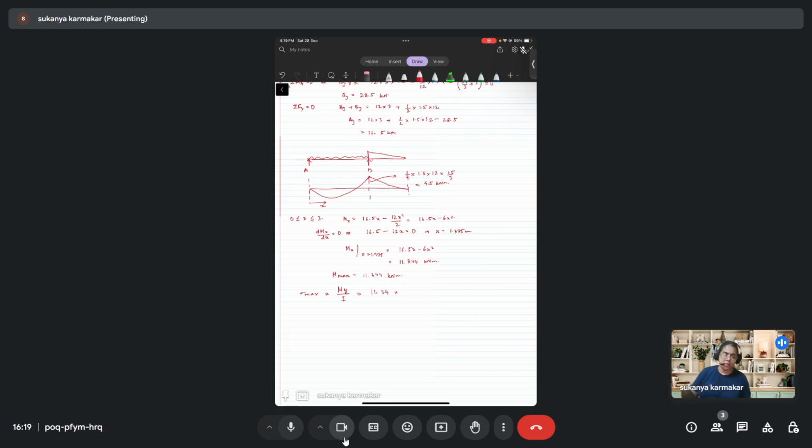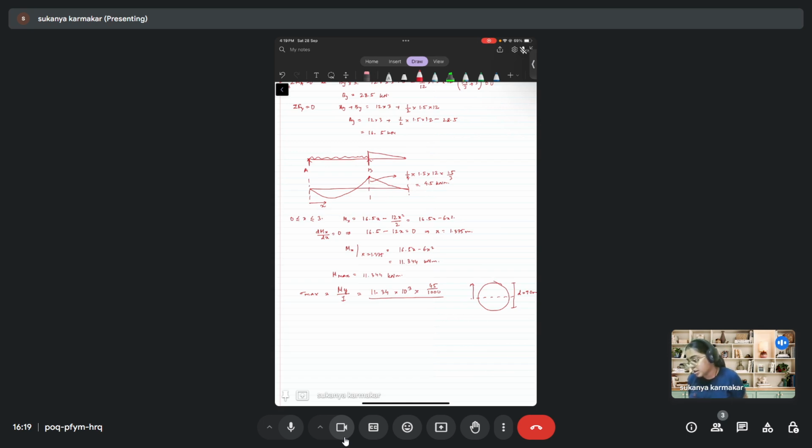So let's convert it into Newton meter unit, so into 10 to the power 3. What will be the value of Y? Diameter is 90 mm. So this being the neutral axis, the maximum value of Y possible is 45 mm. So 45 by 1000 divided by I, the moment of inertia.